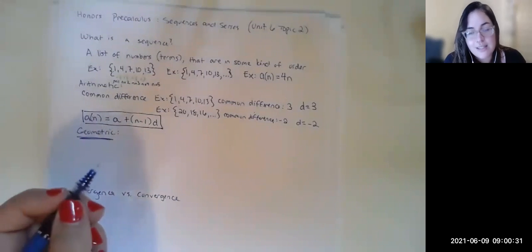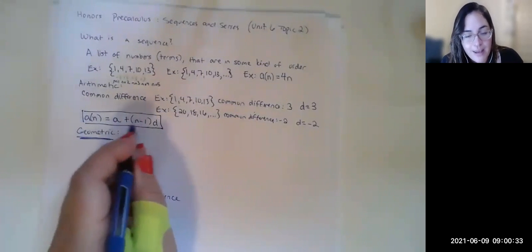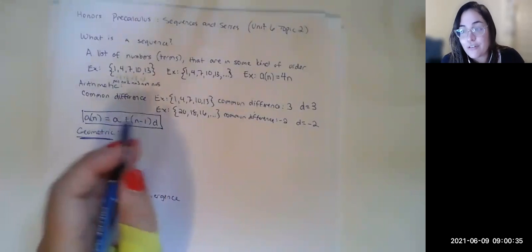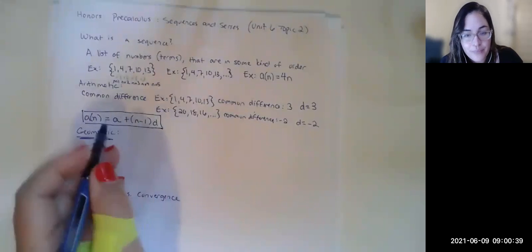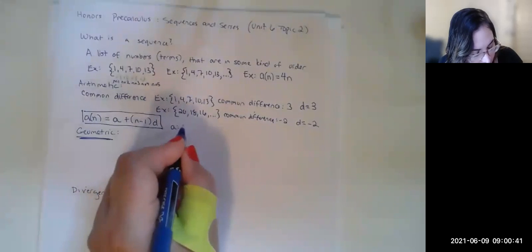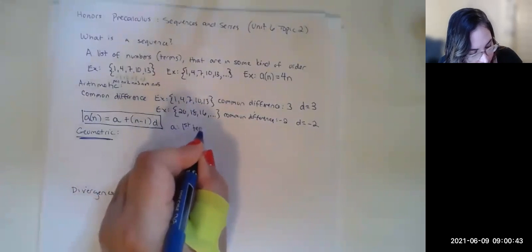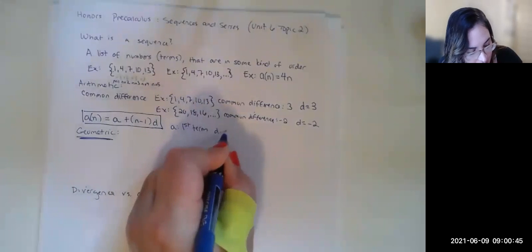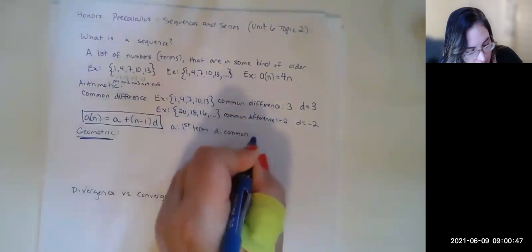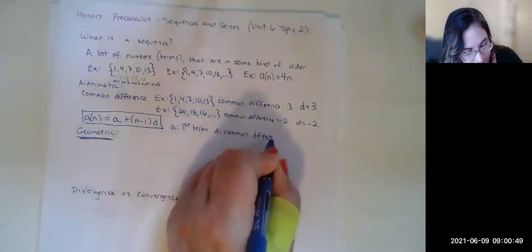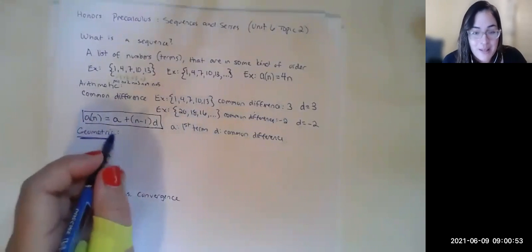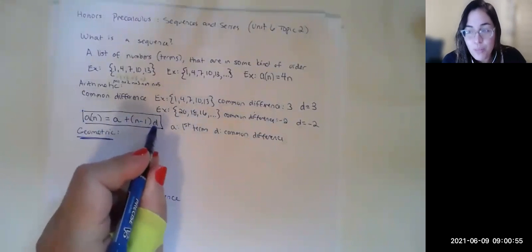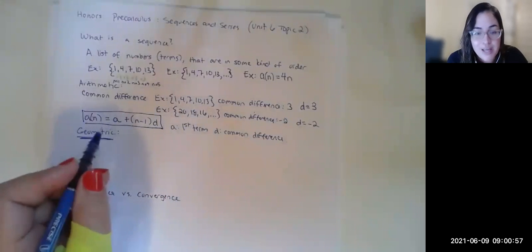The analogy I like to think about is that this has the same pattern as a linear function. A is your first term, and d is the common difference. It's kind of like y equals mx plus b: d is like your slope and a is like your y-intercept.